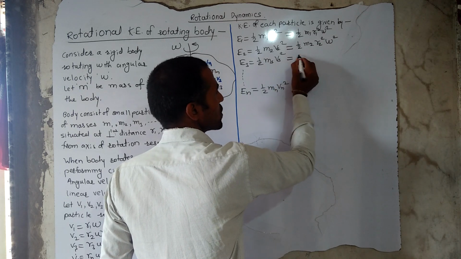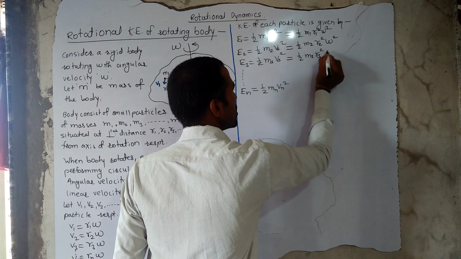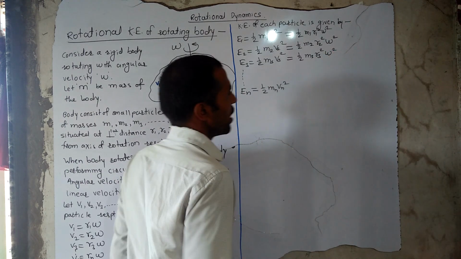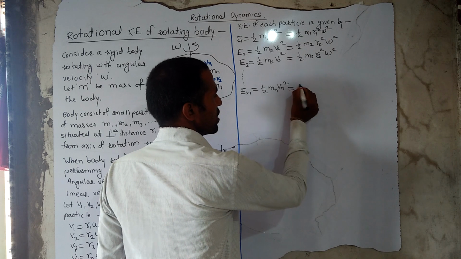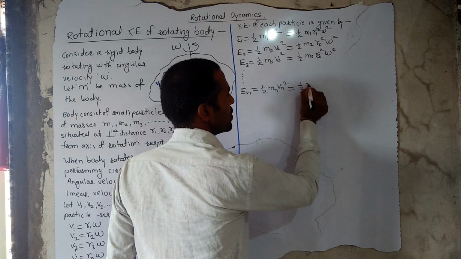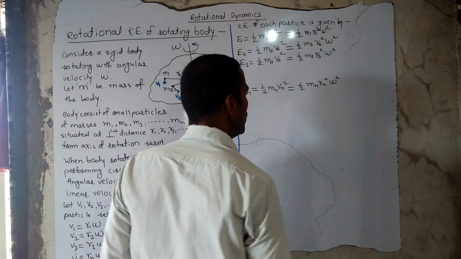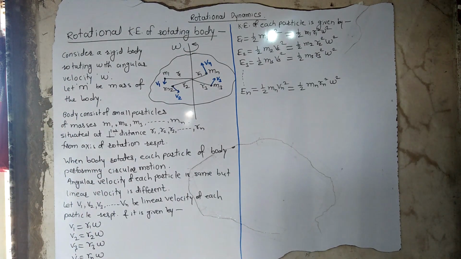In the third equation, we get half m3 r3 square omega square, and ultimately the kinetic energy of the last particle is half mn rn square into omega square.